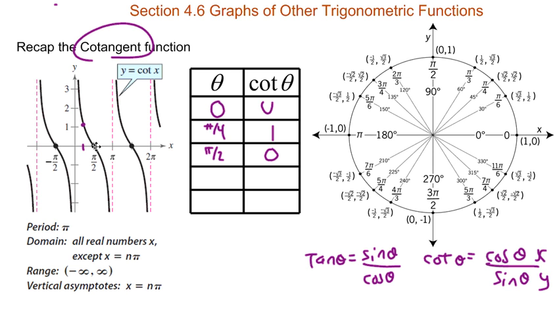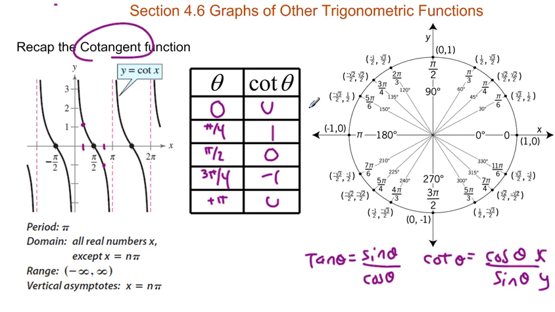That's why we have the point pi over 2, 0. Then pi over 4 plus another pi over 4 plus another pi over 4 is 3 pi over 4. There I do x divided by y, which is going to be -1, and at 3 pi over 4, I get -1. And last but not least, if I go to pi, x over y is undefined. So positive pi would be undefined.